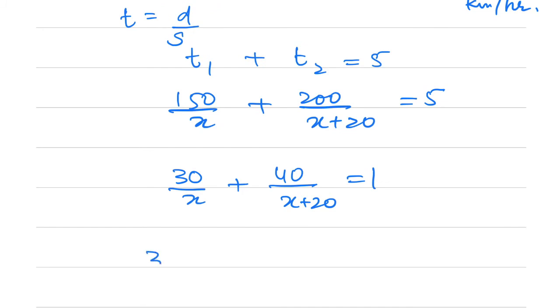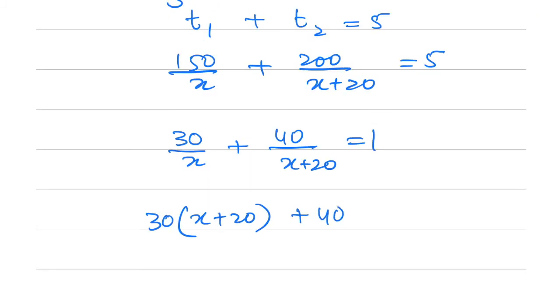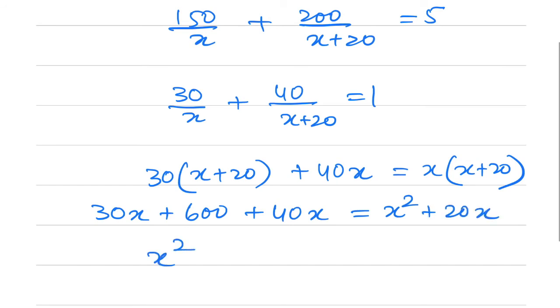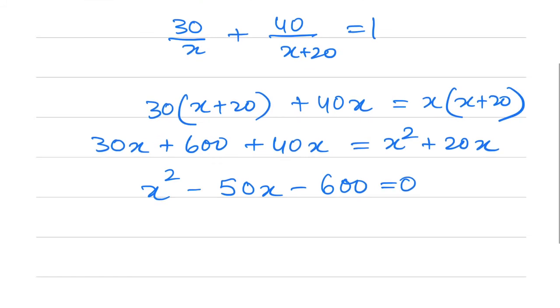Taking LCM, 30 into x plus 20 plus 40x is equal to x into x plus 20. So we have 30x plus 600 plus 40x is equal to x square plus 20x. So x square minus 50x minus 600 is equal to 0.